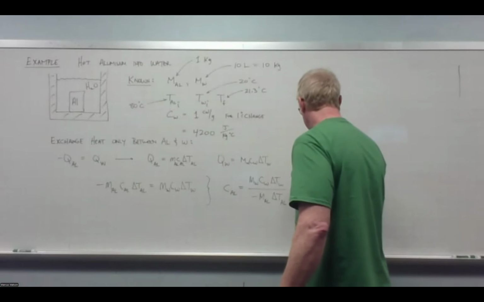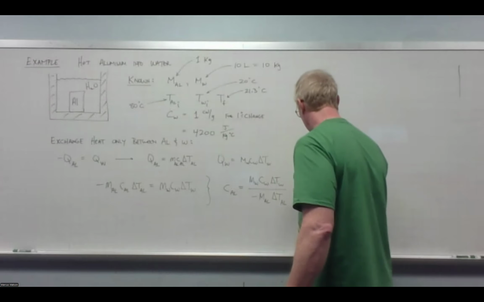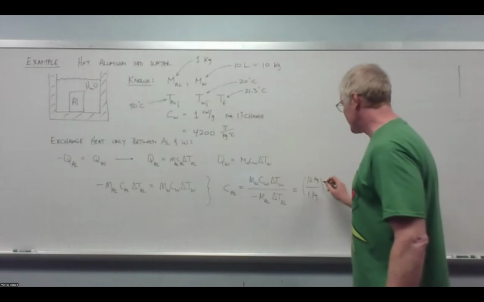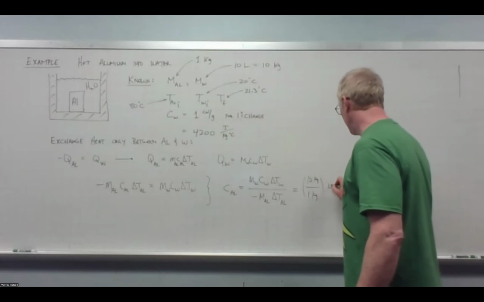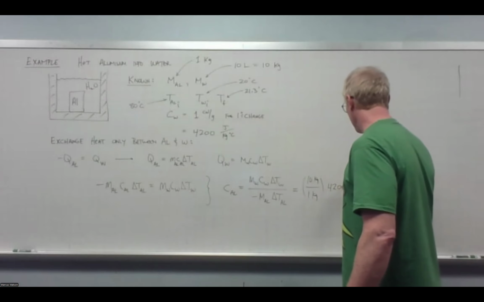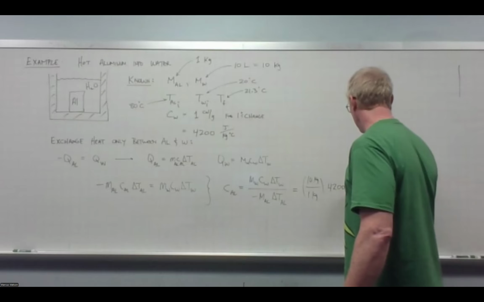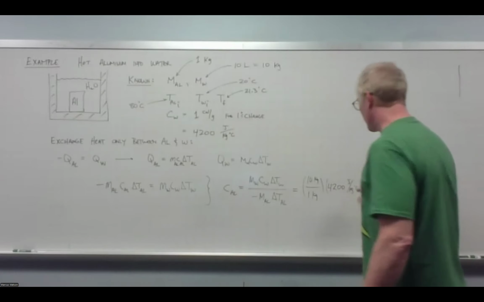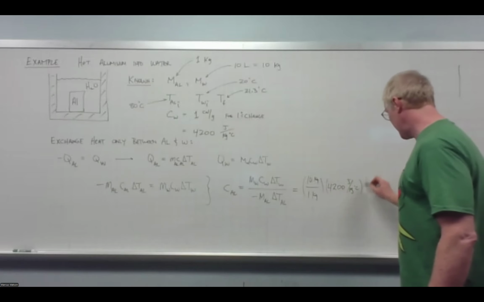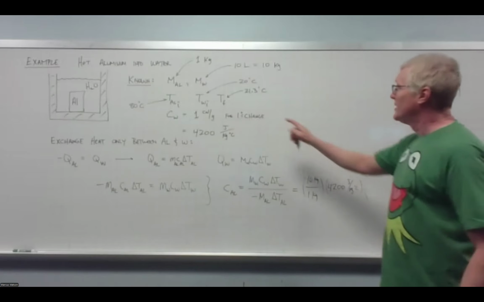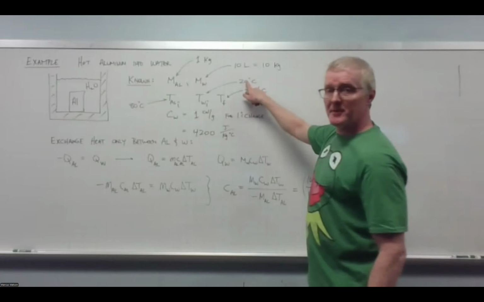The mass of water being 10 kilograms and the mass of aluminum being 1 kilogram. Okay, so mass divided by mass. The specific heat of water, 4,200 joules per kilogram centigrade. So that's the units that I'll come out with in my aluminum specific heat capacity. And then the delta T for water, final minus initial, you can see is going to be 1.3.